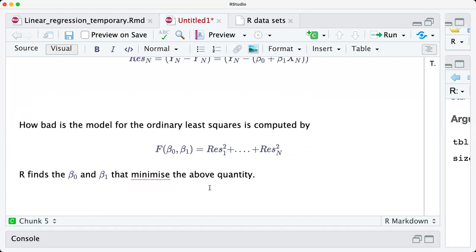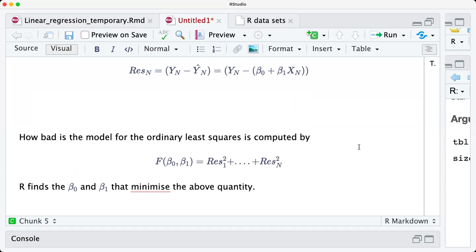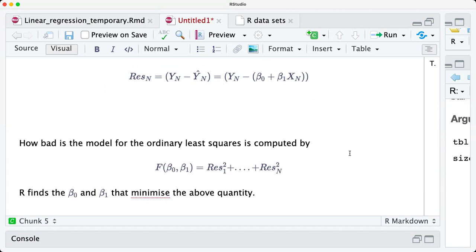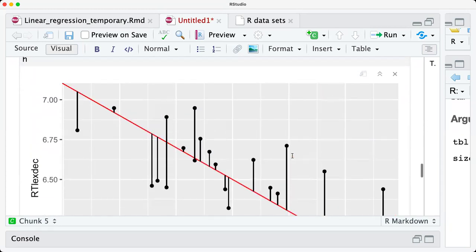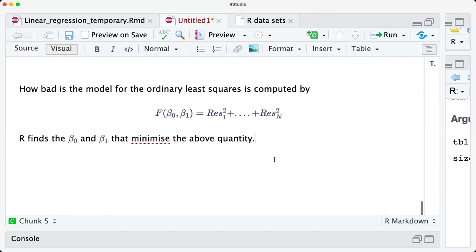What is more interesting is the statistics that the function lm gives you back as output. So let's try to look at a couple of them.